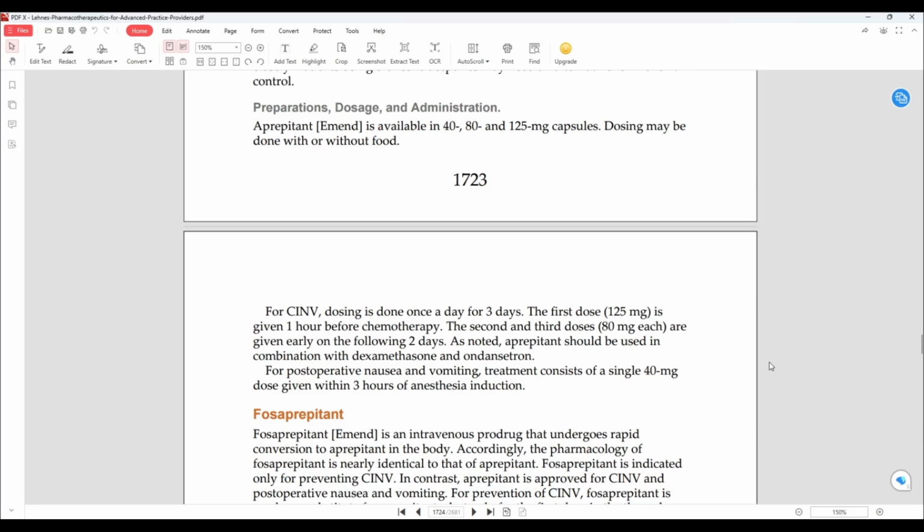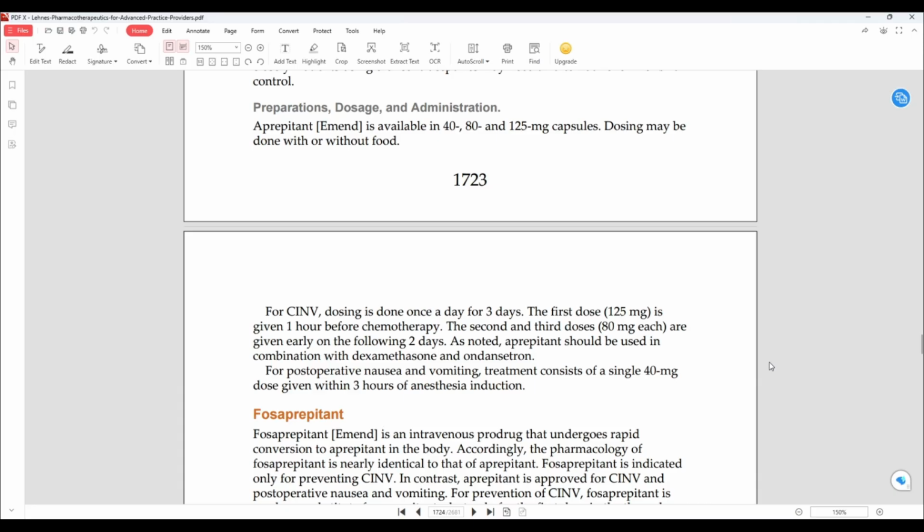Its preparation, dosage, and administration. Aprepitant is available in 40, 80, and 125 milligram capsules. Dosing may be done with or without food. For CINV, dosing is done once a day for 3 days. The first dose, 125 milligrams, is given 1 hour before chemotherapy.